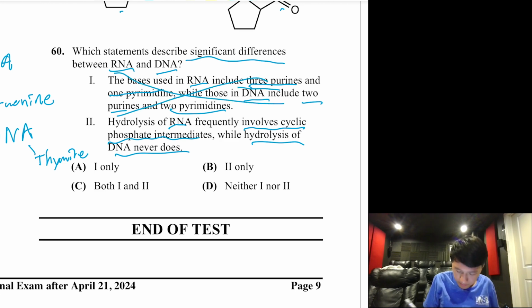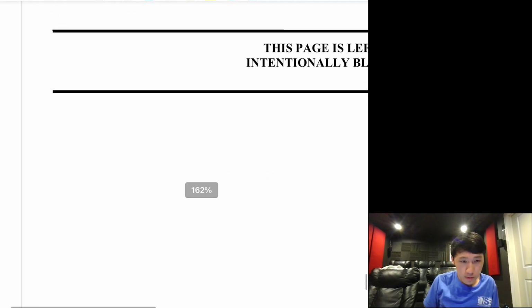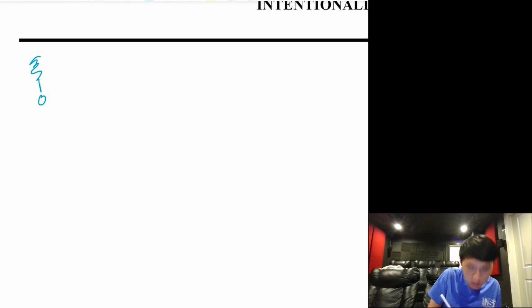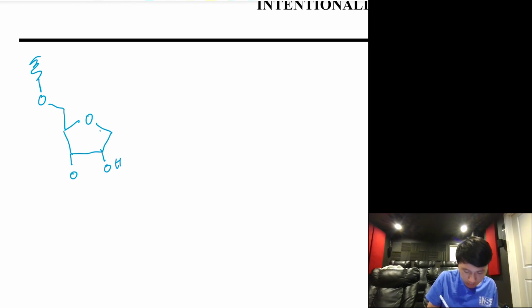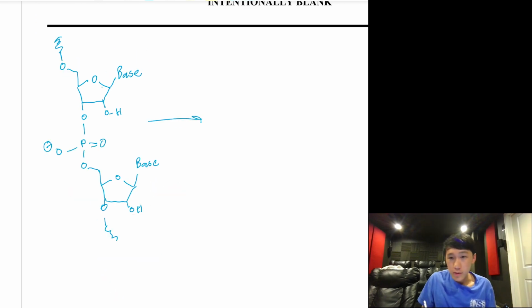One is wrong. For statement 2, we need to know the mechanism of hydrolysis of RNA. So I will draw that for you. I'm drawing the general structure of RNA here. And now we know in alkaline conditions there's going to be some hydroxide present.